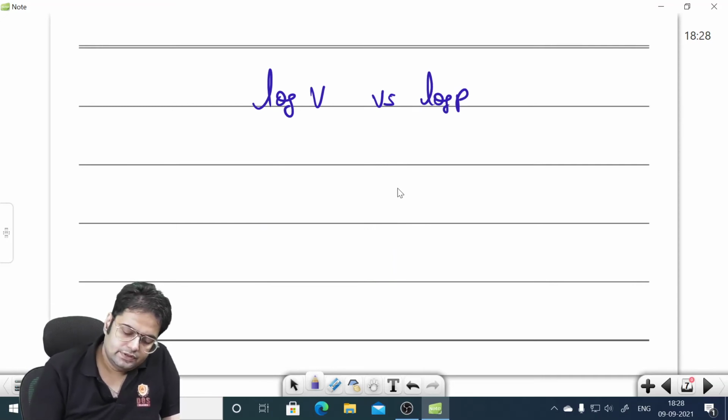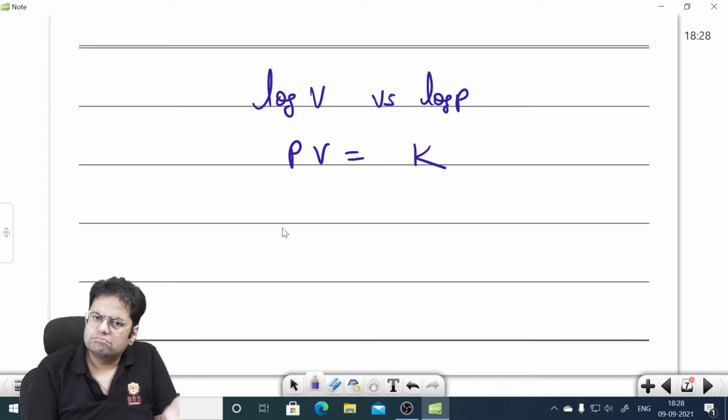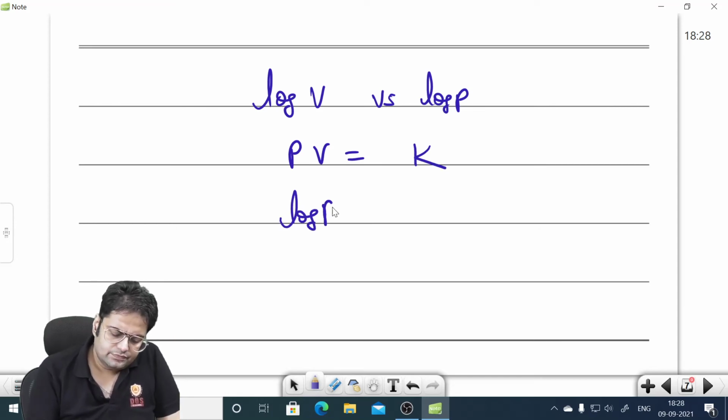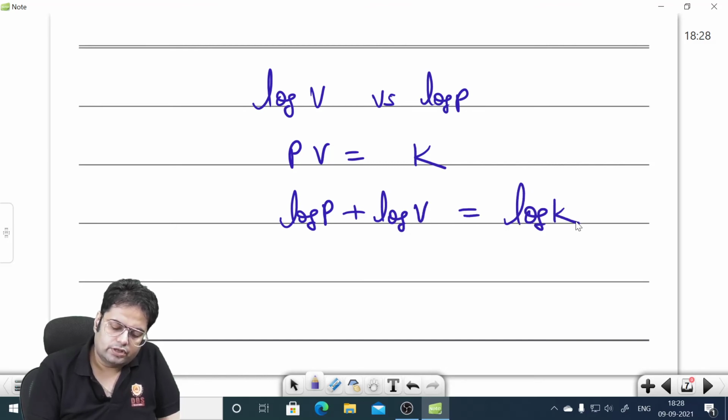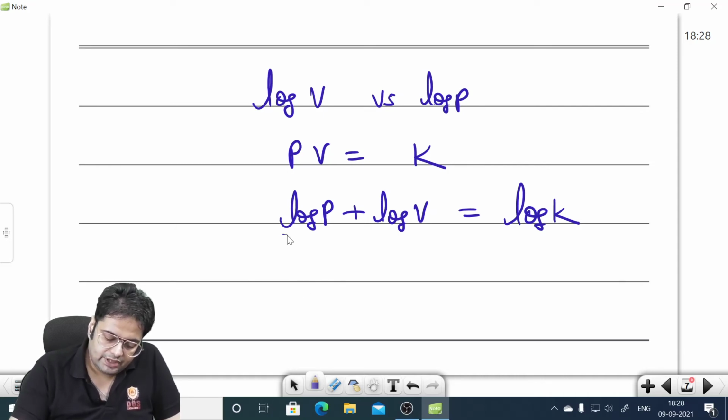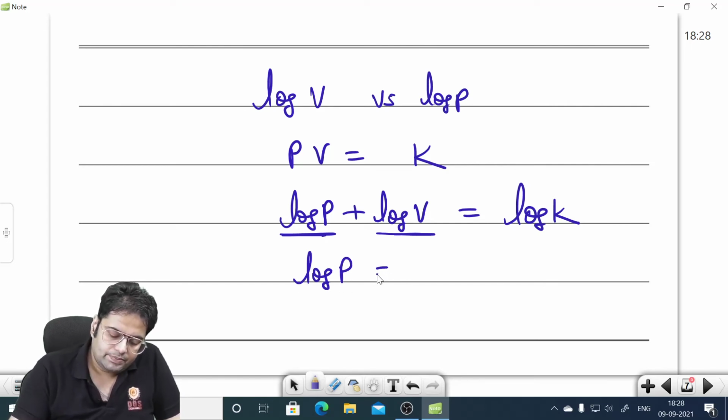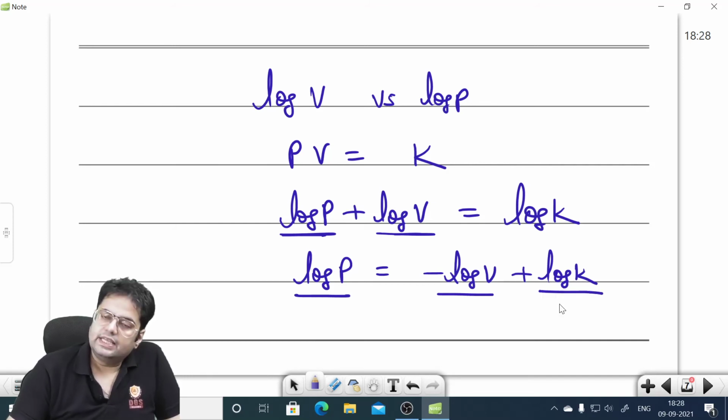Now next, maybe you are asked to draw a graph. Fine. So as we know that PV is equal to K, take log: log P plus log V is equal to log K. But now we need this one on the y-axis and this one on the x-axis. So log P is equal to minus log V plus log K, y is equal to mx plus c.